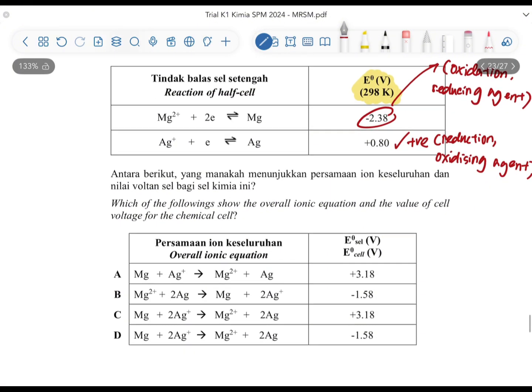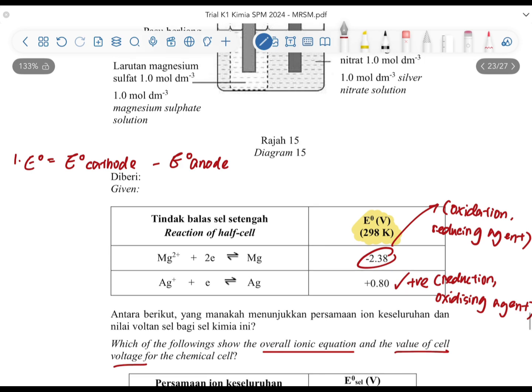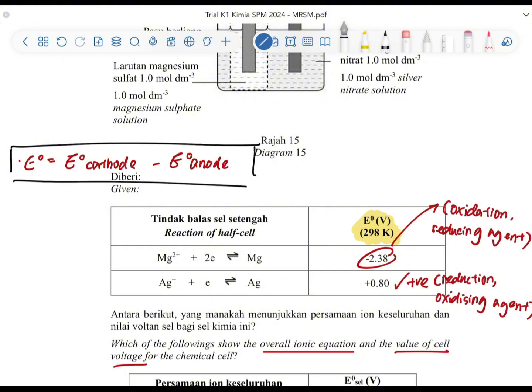So in this question, we are going to find what is the overall ionic equation and what is the value of the voltage for the chemical cell. So the answer is, first we just look at the E0 value. So in order to calculate the E0 cell value, please remember a formula, which is E0 cell equals to E0 cathode minus E0 anode. Okay, so the problem is, some of you maybe will ask, how am I going to find what is cathode, what is anode, since it is not mentioned in this question?